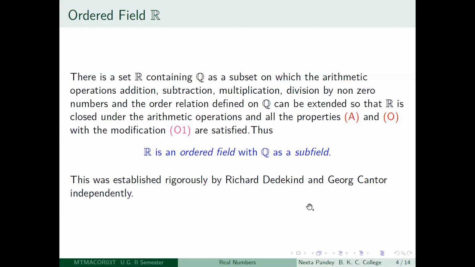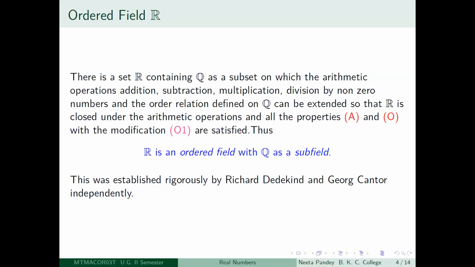What Cantor did was he looked at Cauchy sequences of rational numbers, and on this class he defined an equivalence relation. Then he looked at the collection of all equivalence classes of Cauchy sequences of rational numbers, and there he described what is meant by addition, multiplication, comparison, that is the order relation, and so on, to get the set of real numbers.